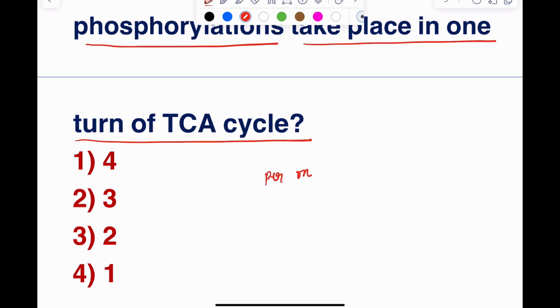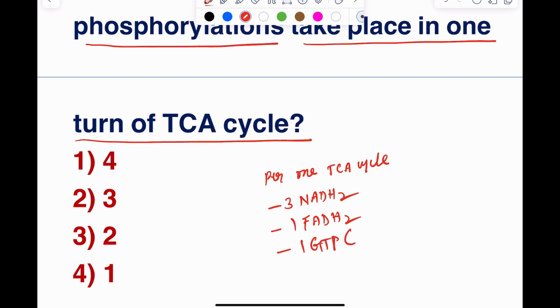For one TCA cycle will be produced 3 NADH2, 1 FADH2 and 1 GTP. It is a substrate level of phosphorylation. Answer will be 1. Fourth option will be correct.